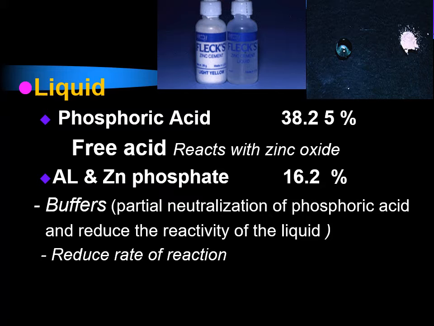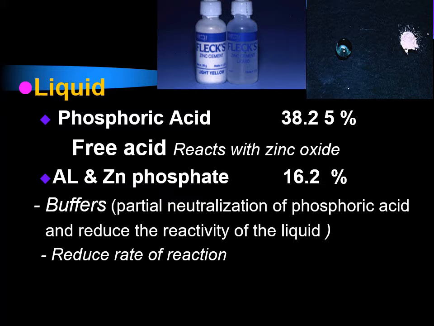The liquid is mainly phosphoric acid, composed of almost 38% of the liquid. It's free phosphoric acid that reacts with the zinc oxide powder. Also, the liquid contains aluminum and zinc phosphate already reacted.